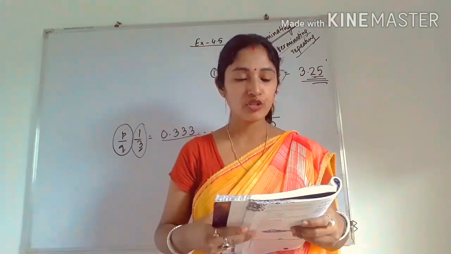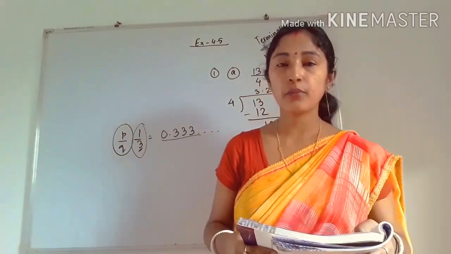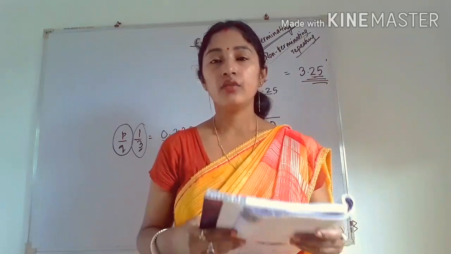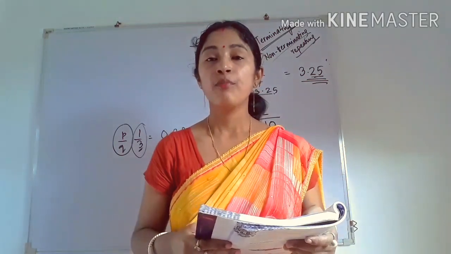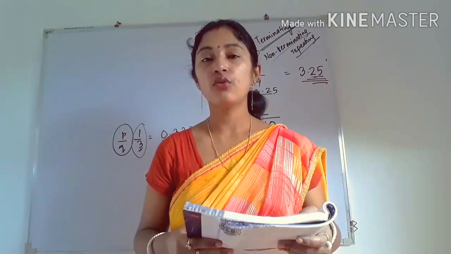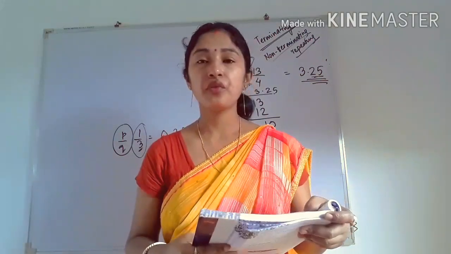Question number 3 is: which of the given decimals can be expressed as a rational number and why? Here you have to check the definition of a rational number. A rational number can be represented in p by q form provided q is not equal to 0. Number A is 7.305.